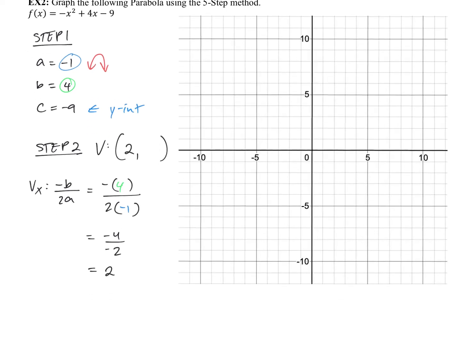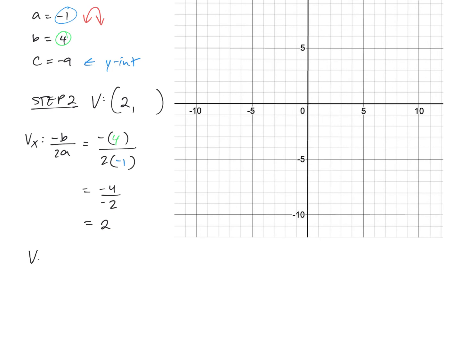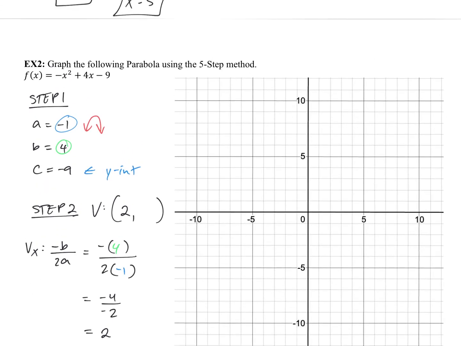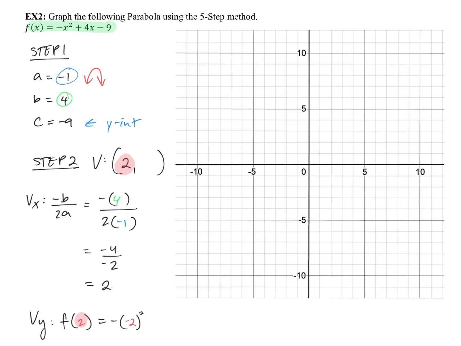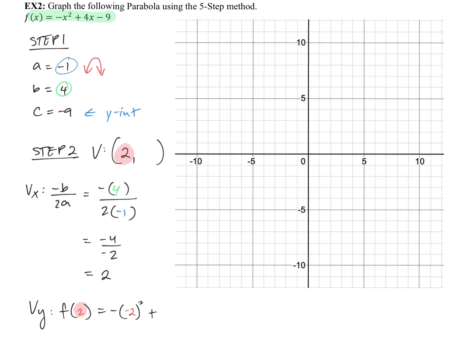How do we find v sub y? Once again, that changes with each parabola because the equation we have is different for each parabola. So we're going to go ahead and use this equation to find my y. So that will be f of, and what are we inputting? We're inputting 2. So f of 2 equals negative x squared plus 4x minus 9.